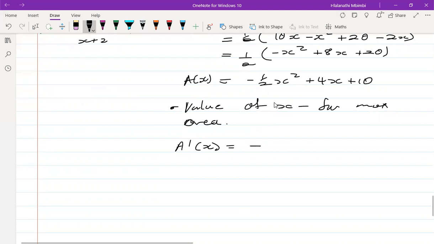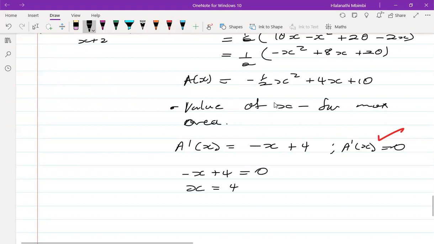That would give us minus x plus 4. Take the derivative, set equal to 0. You get a mark for that. You must always write it down. So minus x plus 4 is equal to 0, so your x is just 4. That's the x value that would give us a maximum.